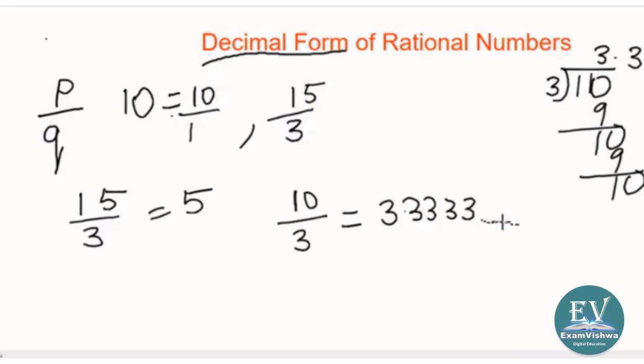Correct? We say that the decimal number is recurring. For our convenience, we will write 3.3 and a dot on its top, which tells us that it is recurring. Repeat होने को बोलते हैं recurring.